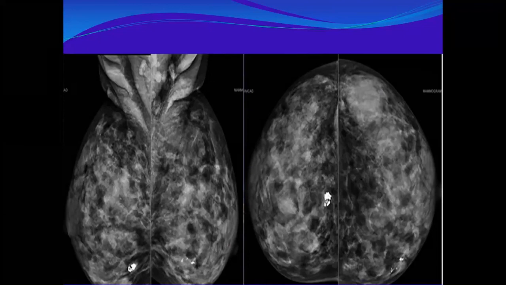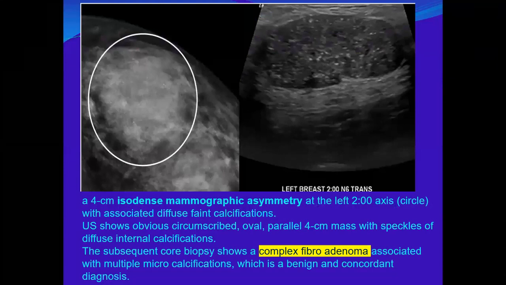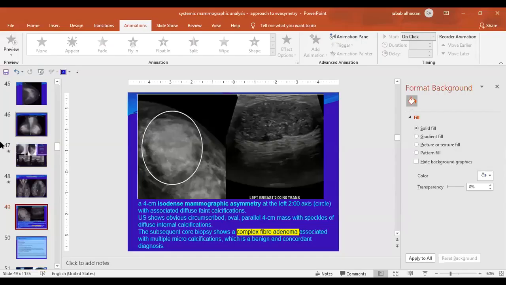The next is compression view. Okay, spot compression view. It was there, but faintly seen. That is why it was reported as focal asymmetry. Okay, that is the spot.